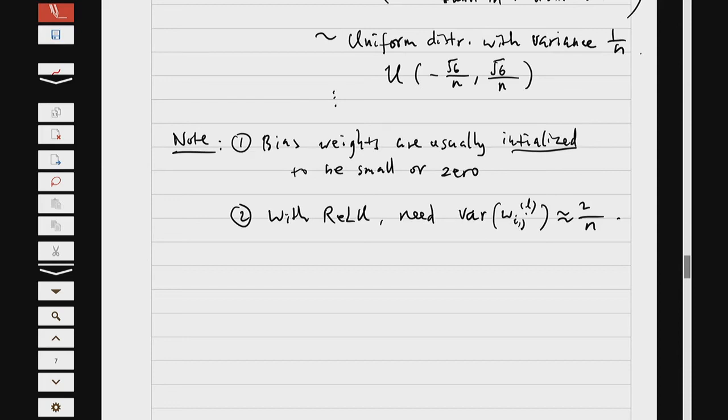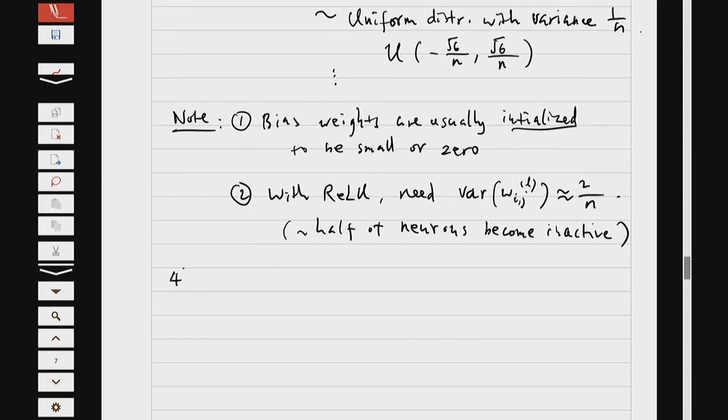It doesn't matter, because we know that roughly half of the neurons would die and become inactive. Just consider this a rule of thumb type of implementational issue.